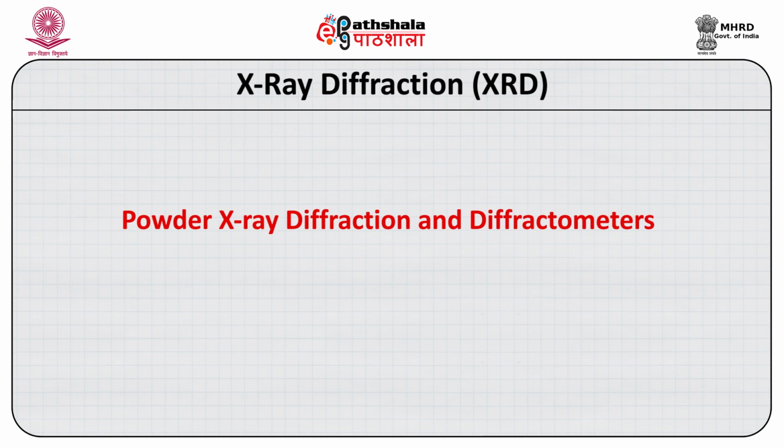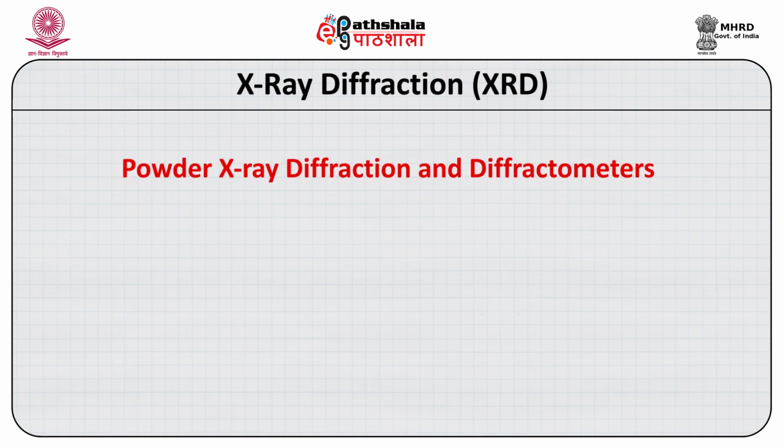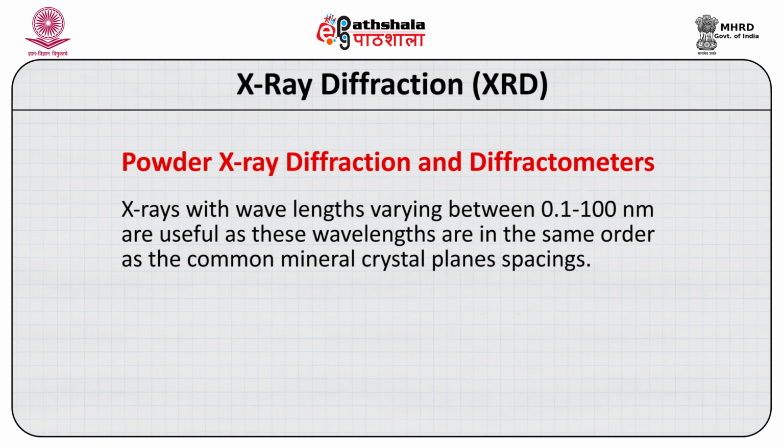Since crystals by definition behave as a regularly spaced diffraction grating, their structure can be examined by a probe of a suitable wavelength, and for that the X-ray wavelengths are similar to the distances in the crystal structure. The X-rays have wavelengths varying between 0.1 to 100 nanometer, and that is in order or similar to the spacings which we see in mineral crystals.